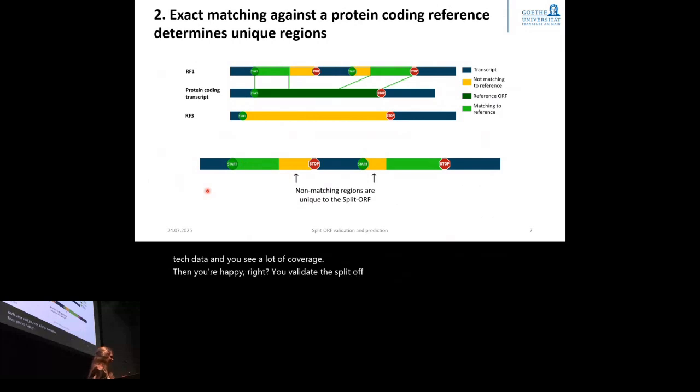But maybe this is just because it shares part of the sequence with the protein coding transcript, so maybe what we see is coverage from the protein coding transcript. So the motivation was to find the regions that are not shared with any protein coding transcript, so that if we do see coverage, we can be sure that it is due to the split ORF and not from another protein coding transcript.